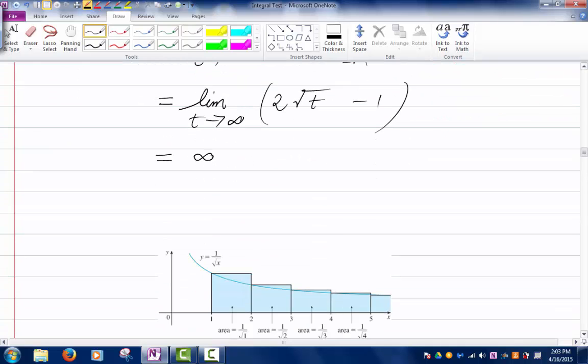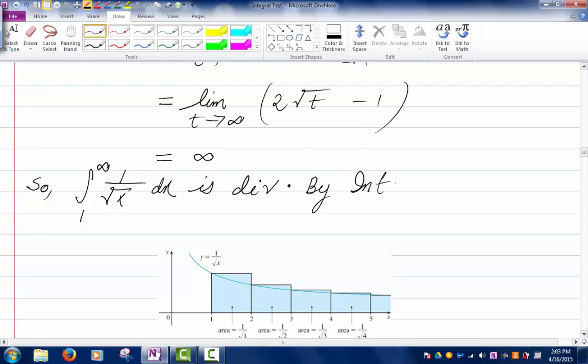So that means that the integral from 1 to infinity of 1 over root x dx is divergent, right? So by the integral test, then the series 1 over root n going from 1 up to infinity is divergent as well.